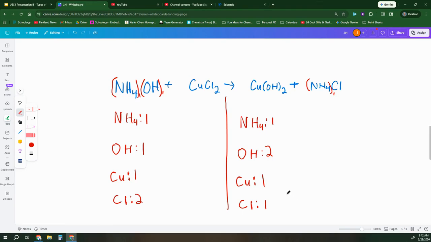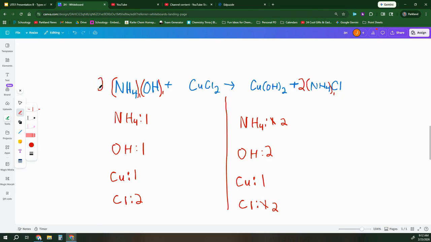So for my balancing down below, it looks like Cl is not balanced and OH is not balanced. I'm going to make things easy and just focus on the Cl instead of dealing with the polyatomic. I'll put a 2 in front of here to get 2 times 1 NH4s, so 2 NH4 groups. 2 times 1 Cl, so 2 Cl groups. And now it looks like Cl is good, Cu is good, but my OHs and my NH4s, I have 2 on the right side and only 1 on the left side.